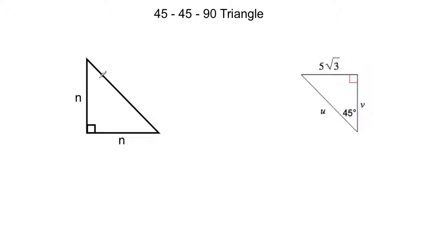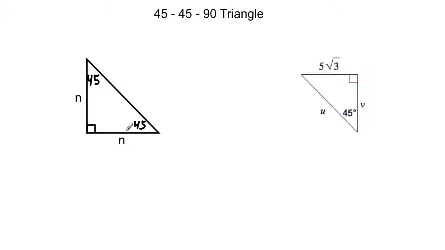Now, I'm not going to actually go through and derive how these formulas work, but if I have this 45, 45, 90 triangle, meaning that these two angles here are 45 degrees, and the third angle is a 90-degree angle, making it a right triangle, this makes it an isosceles triangle. So these two sides must be the same measure.